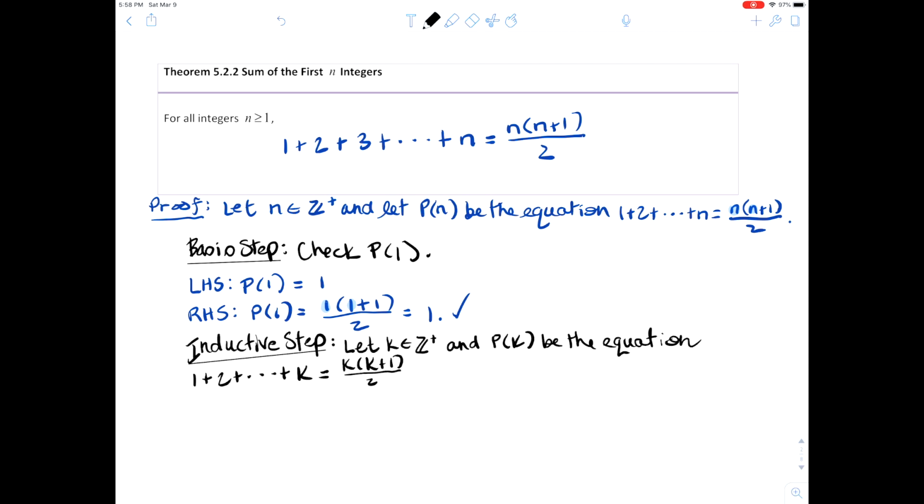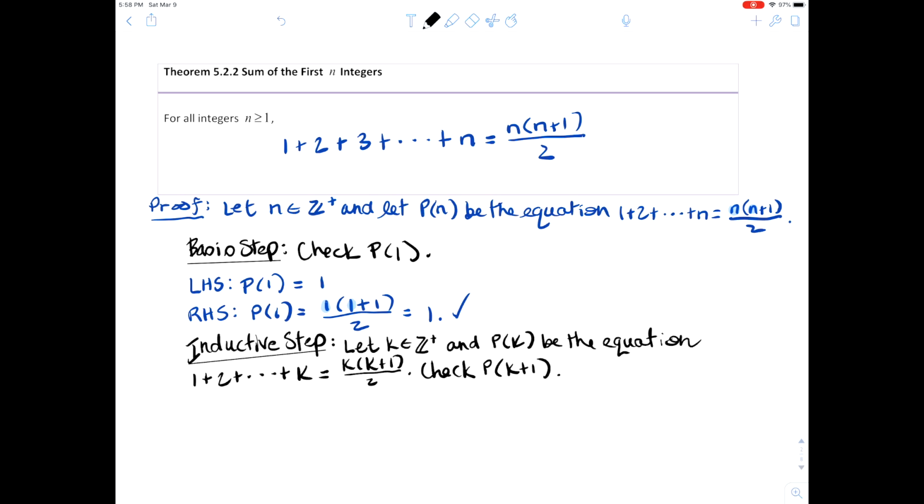So this is kind of like we were talking about before, the dummy variables. We want to use a different variable here temporarily, all right? So next up, what do we want to do? We want to check P at k plus 1. That's the plan.